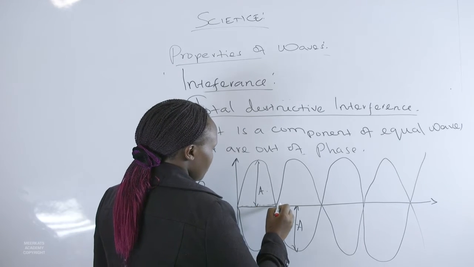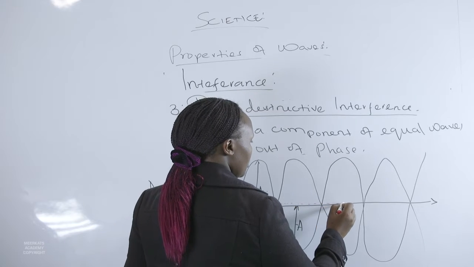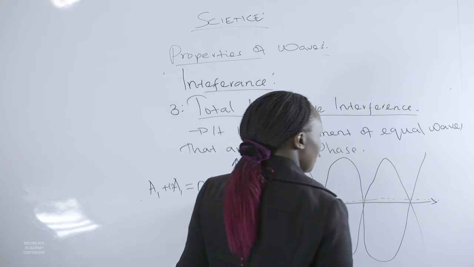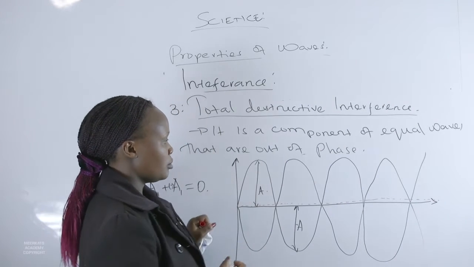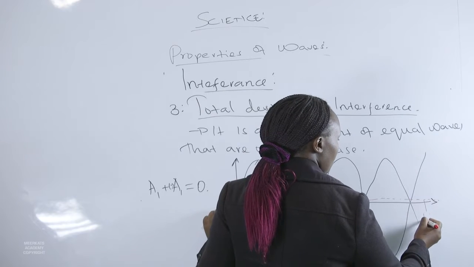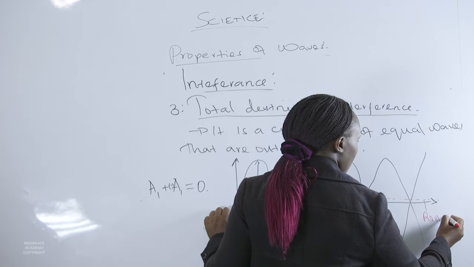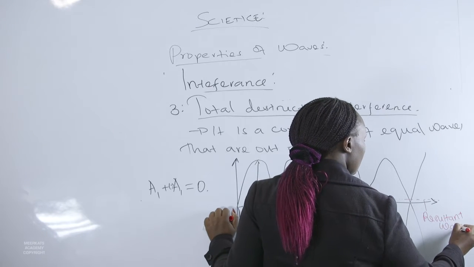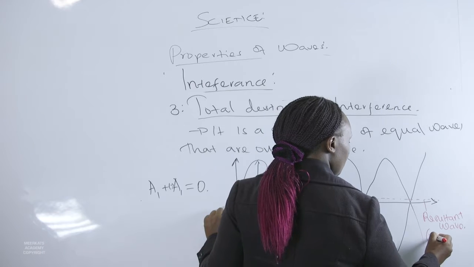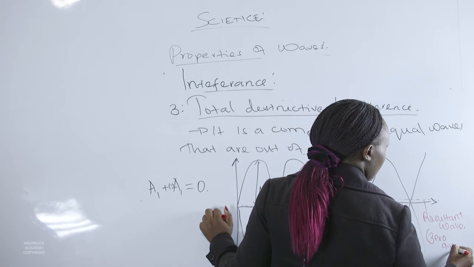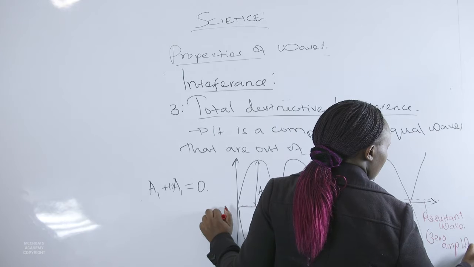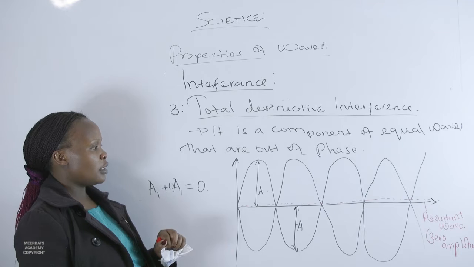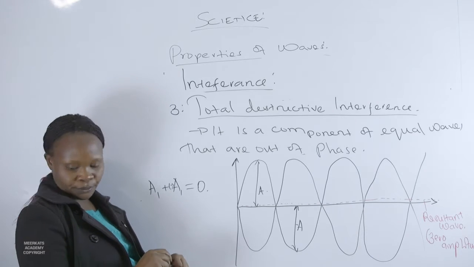Therefore, we shall have a resultant wave with no amplitude at all. This is the resultant wave, which has 0 amplitude.